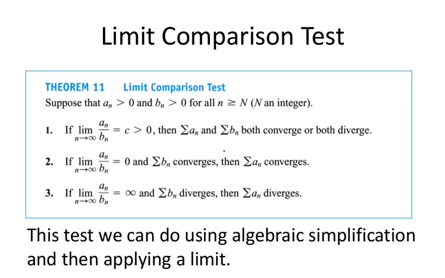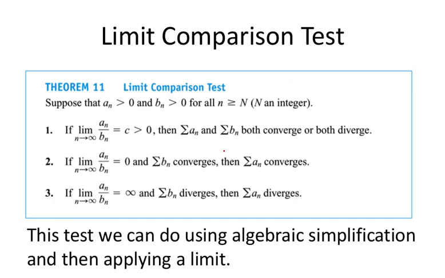But if the limit ends up equal to 0, in other words, b of n becomes incredibly large as a of n becomes smaller, then if the series b converges, that would also mean that a of n would also converge.